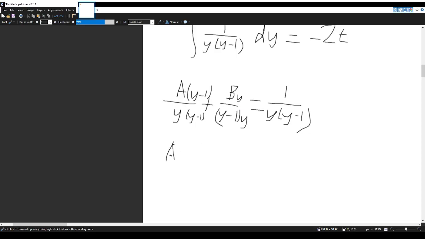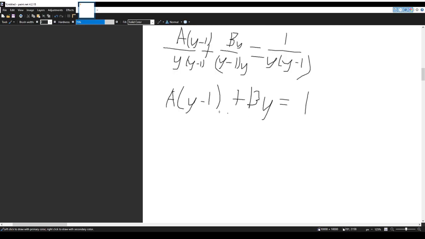So we can say a times y minus 1 plus b times y equals 1, and we can disregard the denominator entirely. We want to solve for a and b, and it has to work for every single value of y, which means we can arbitrarily pick values of y to make it easier.